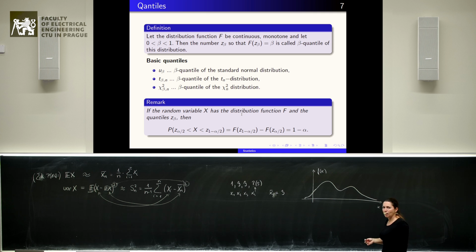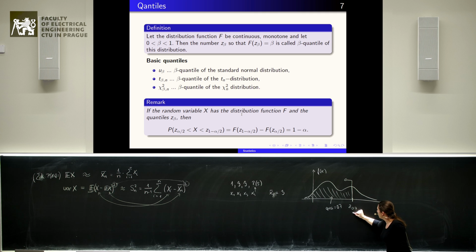Then the quantile is a number with some index. For example, the quantile with index 0.7 is the number on the horizontal axis such that the area below the density on the left side from this quantile is equal to 0.7.